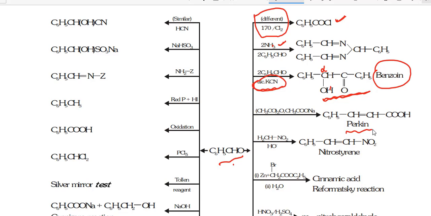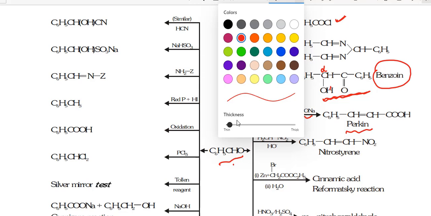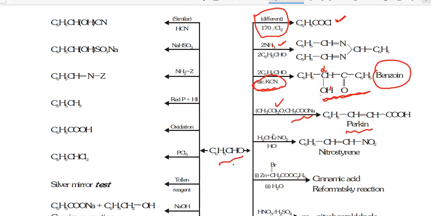Then Perkin reaction. In the Perkin reaction, we are taking an acid anhydride and the same acid salt. So here also the mechanism is simple, just removal of water molecule. You can see, I will write it here. This CH3 C double bond O, O Na.